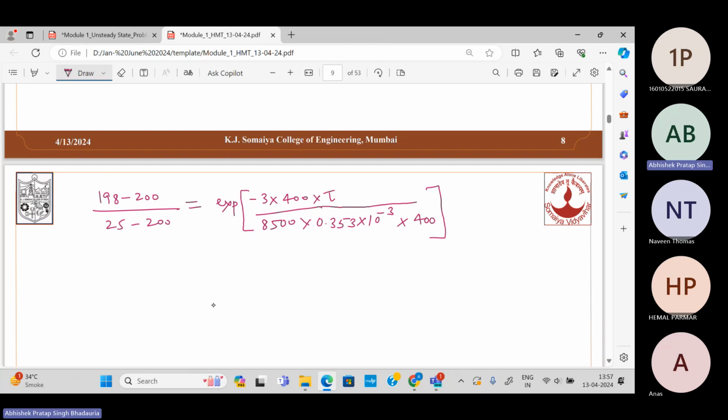So we can find the value of tau, that is time. We'll just solve it. We will get e to the power some factor, take the anti-log, and we will be able to find this tau. We have one equation, one unknown, so we can solve it.